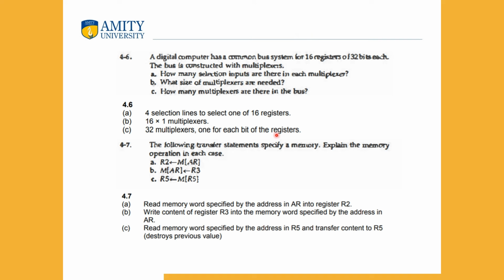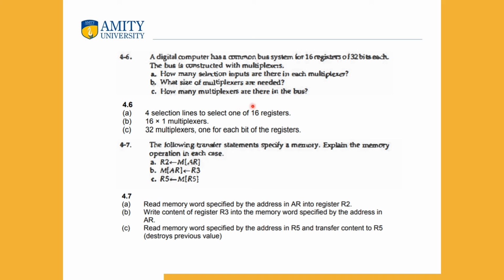This could either be one for each bit, or one for 16 bits of a register. Then a 16:1 multiplexer is used, and we can calculate selection lines accordingly because it is 16 registers, and hence we will have 4 selection lines per multiplexer.